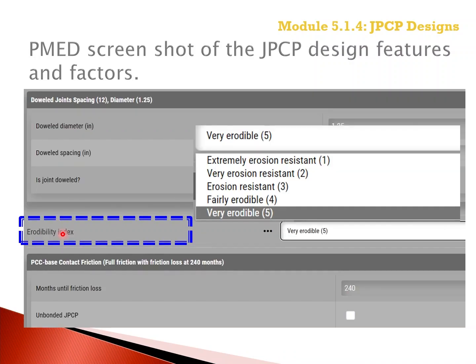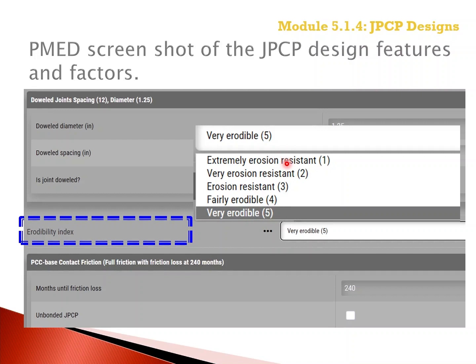The next item is the erodibility index. As noted previously, we can have 5 different categories. This has to do with the material or layer directly supporting the concrete slab.